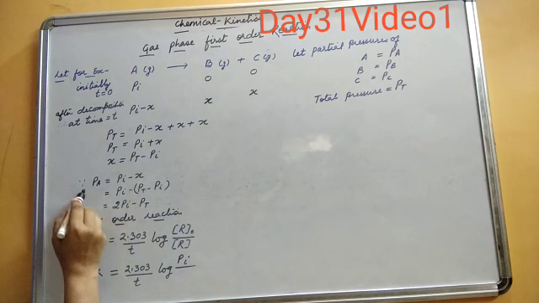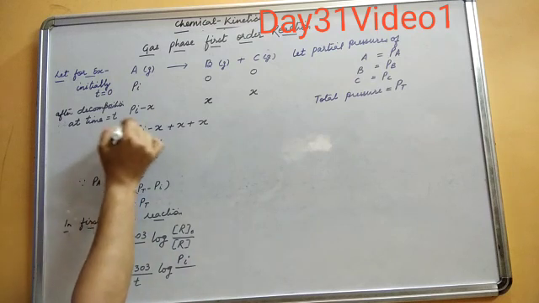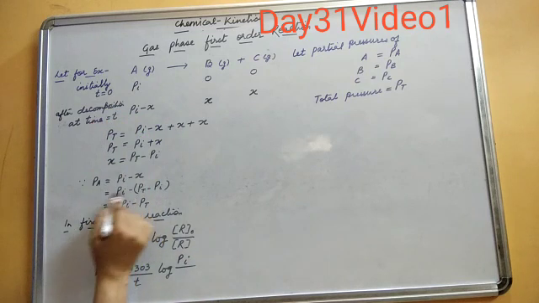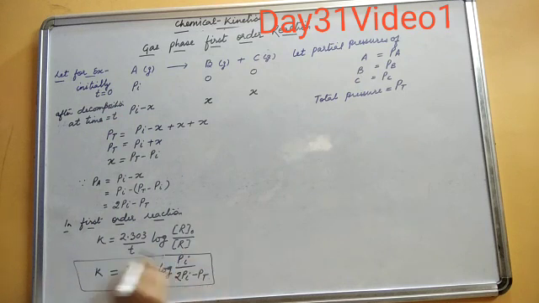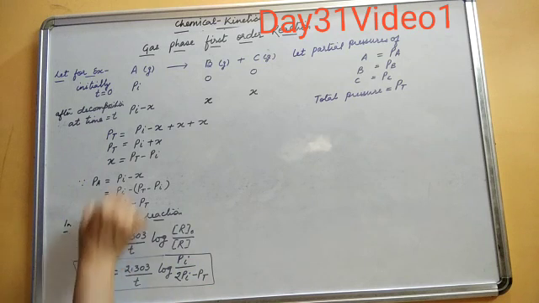We just calculated that the pressure of reactant is Pi minus X, and that we have derived as 2Pi minus Pt for this particular reaction. So this is the gas phase first order reaction for this type of reaction where A is forming B and C. For every type of reaction, this derivation will be different. This part will be different.